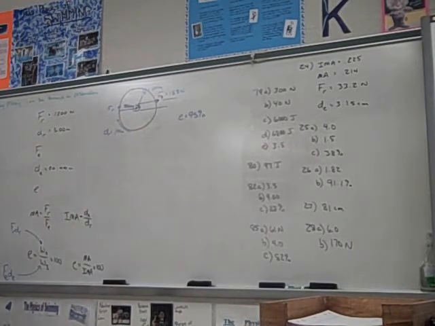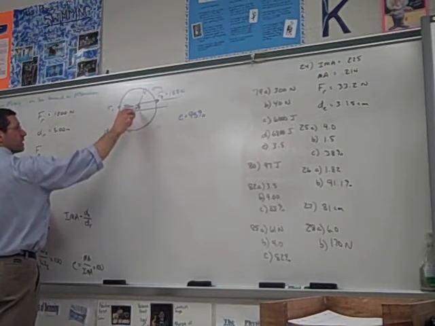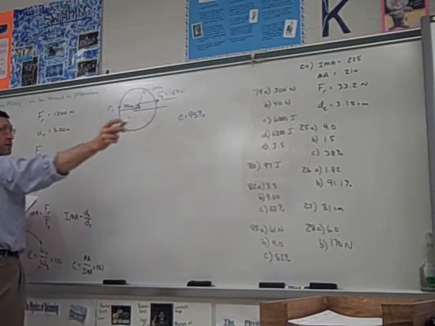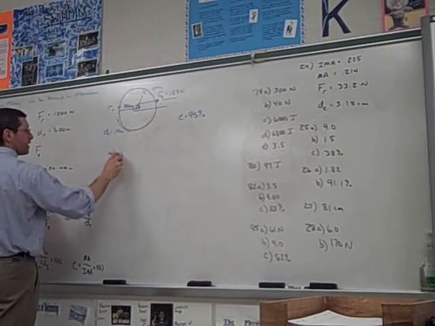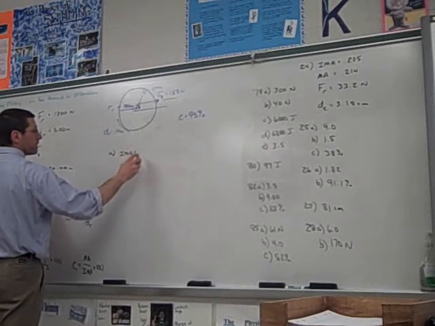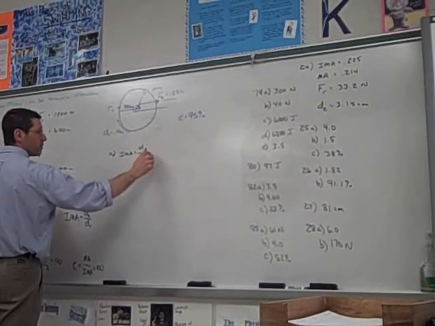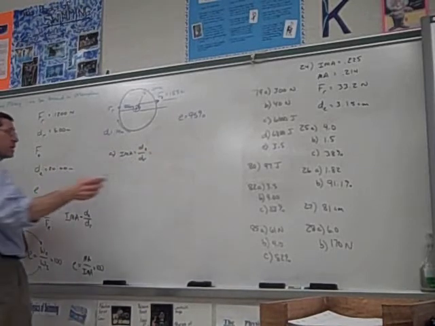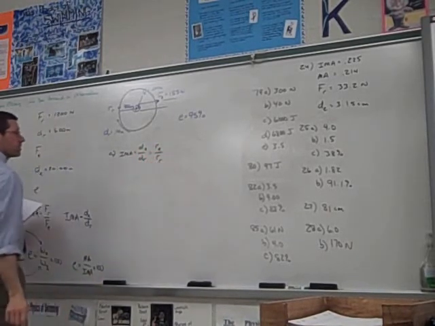Part A says, what is the IMA? For a wheel and axle, which is what this is, only in this case the force is applied to the axle in order to move the wheel. In our example there, we applied it to the wheel to move the axle. So the IMA for wheel and axle is always dE over dr, but if you wrote down your equations yesterday, it's the radius of the effort over the radius of the resistance.